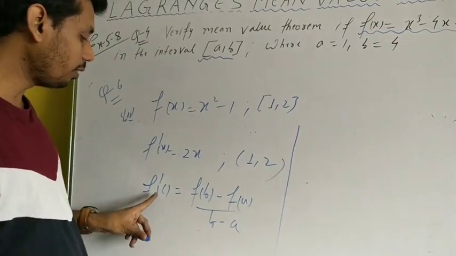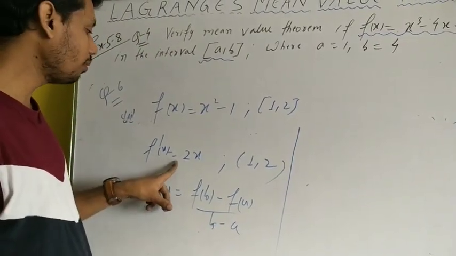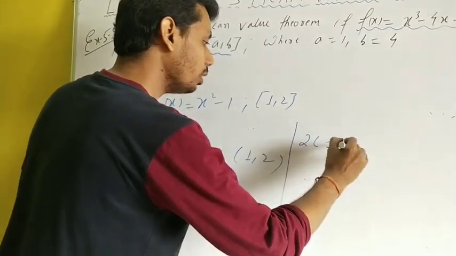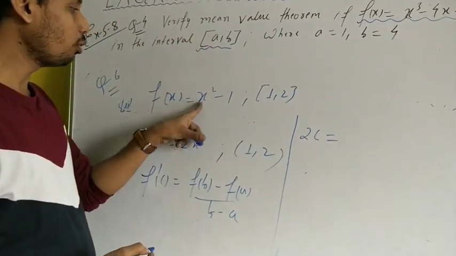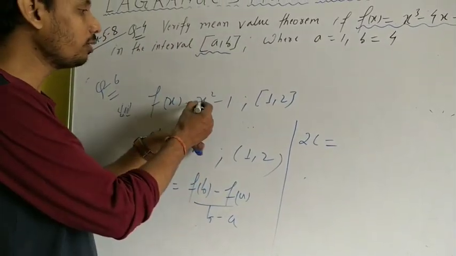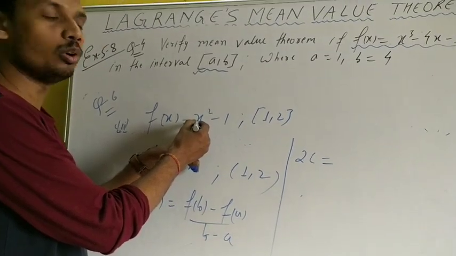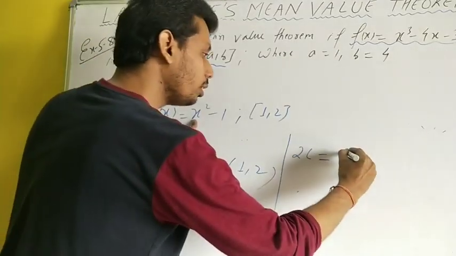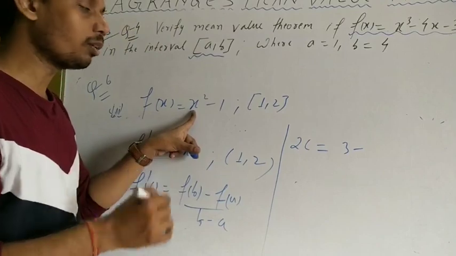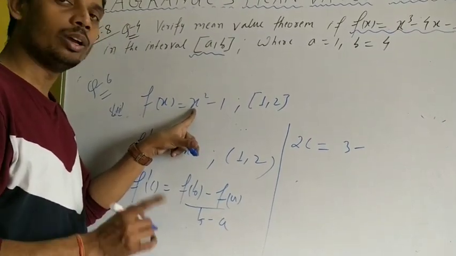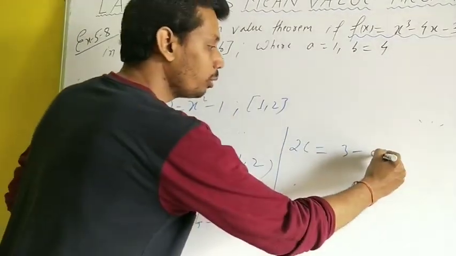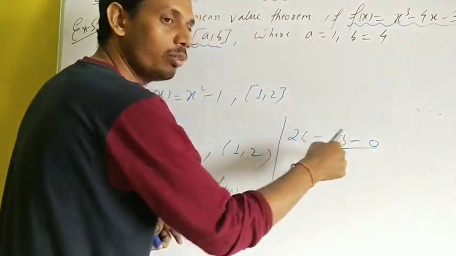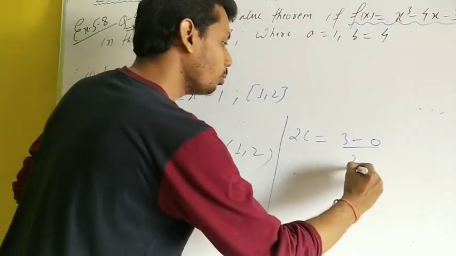Now f dash c, this is our f dash x, so f dash c will be equal to 2c. Now f of b, this is our f of x. You replace this x by 2, so 2 square is 4, and 4 minus 1 is 3. f of b minus f of a: now again you replace x by 1, so 1 minus 1 is 0. f of b minus f of a upon b minus a, that is 3 upon 2 minus 1.